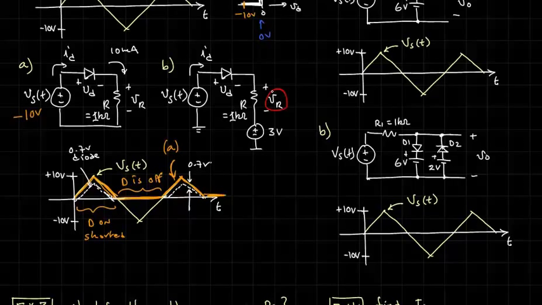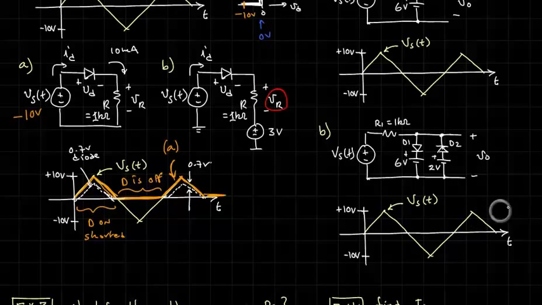I think you should be able to show that the diode will be on. However, instead of having all 10 volts across the resistor, we'll have 10 volts minus 3 volts across the resistor. And so the voltage VR will not be 10, but will be 7 volts.